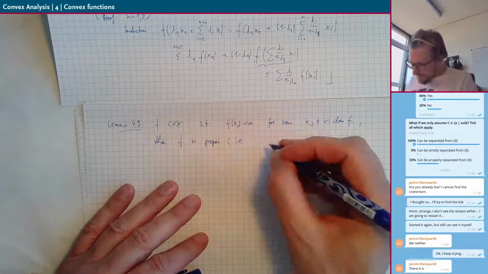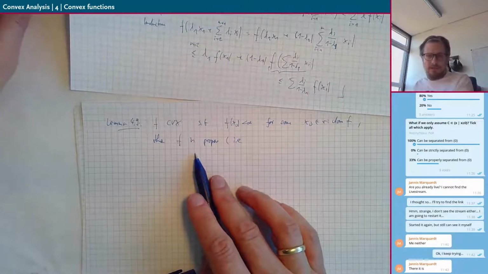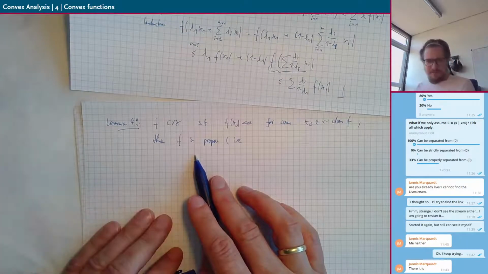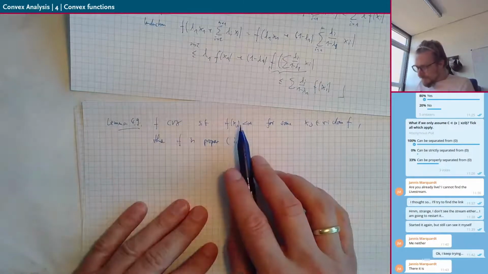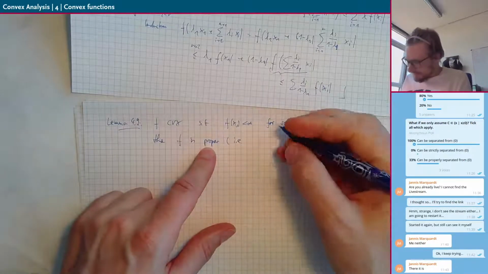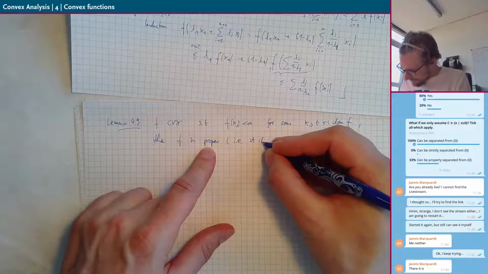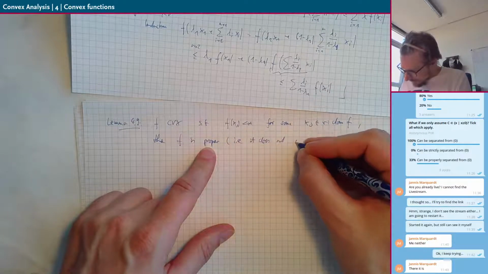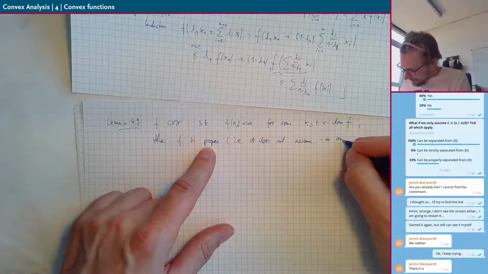And the only thing we need to show, so properness means it has a finite value, but it never assumes the value minus infinity. So of course we have a finite value, it's already there. So this conclusion only means, i.e., it does not assume minus infinity anywhere.